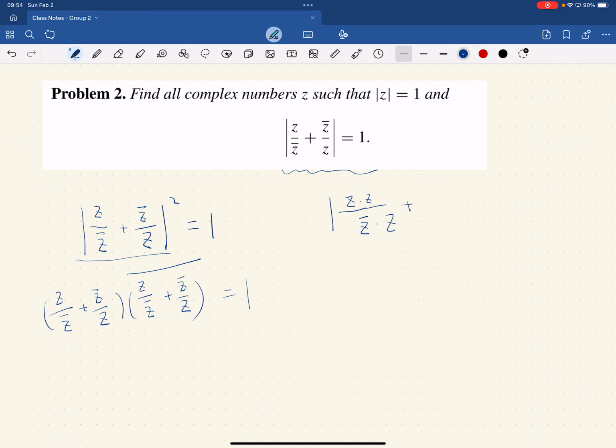So here's my z times z bar. That equals 1. And then we get z squared plus z bar, well, that's z bar, right? So this multiplied by z bar, z bar squared over z times z bar equals 1.